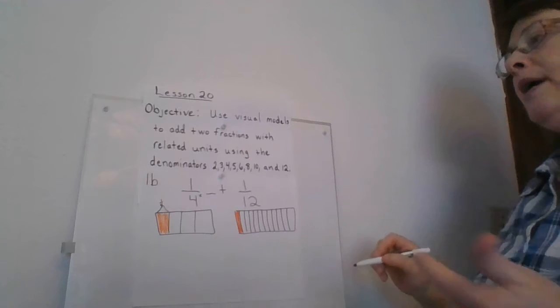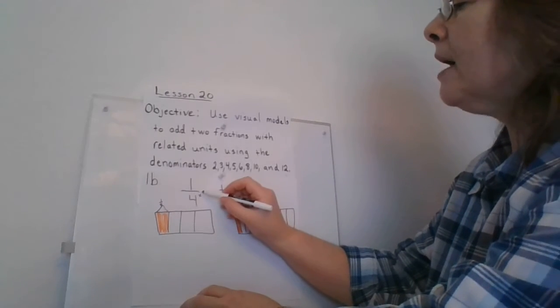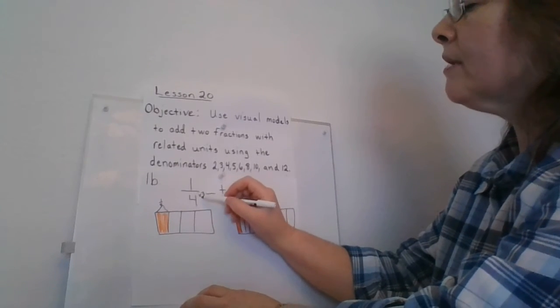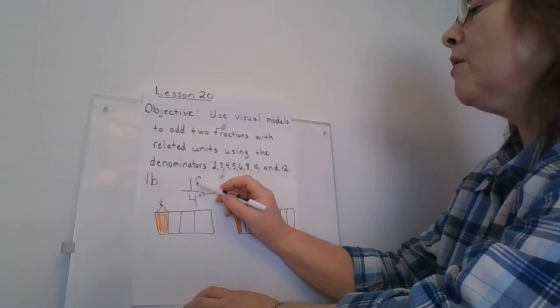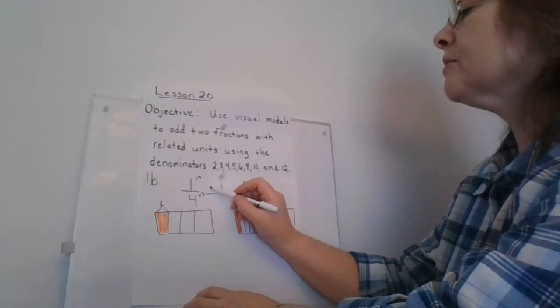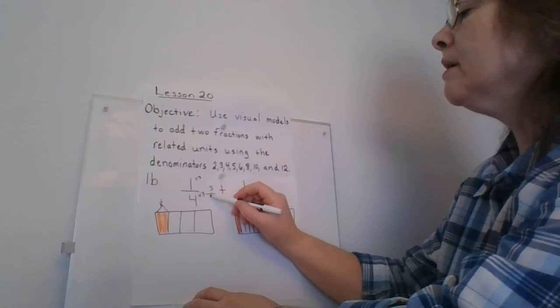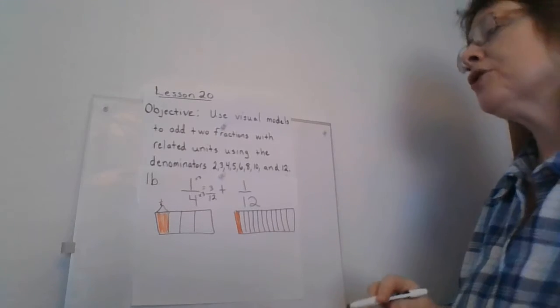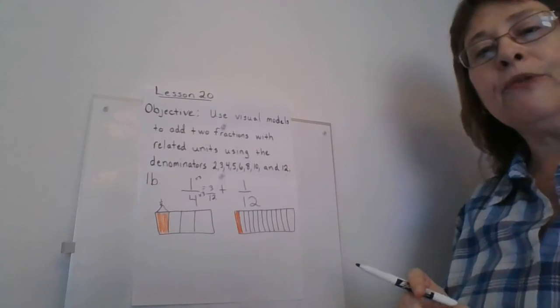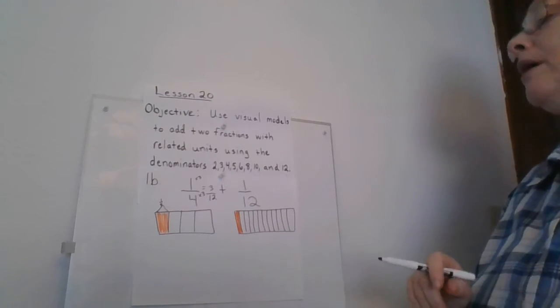So 4, 8, 12. I'm going to multiply it by 3. And whatever you do to the denominator, you do to the numerator. So 1 times 3 is 3. 4 times 3 is 12. So I just made an equivalent fraction. I changed the 1/4 into 3/12.